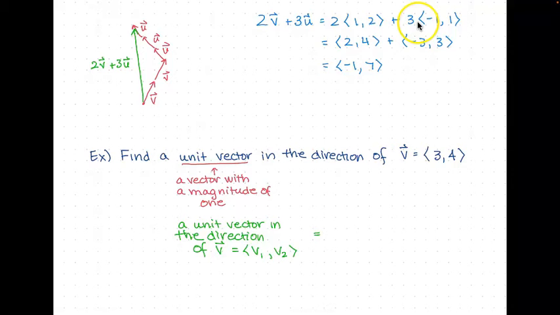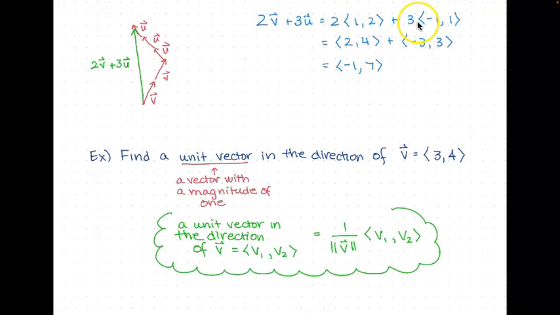But I'm going to write it like multiplication. We have vector scalar multiplication. You take the vector v1, v2, and you multiply by the scalar 1 over the magnitude of that vector. And you can think of it as just divide all the components by the magnitude. But technically, like I said, we don't call it vector division.